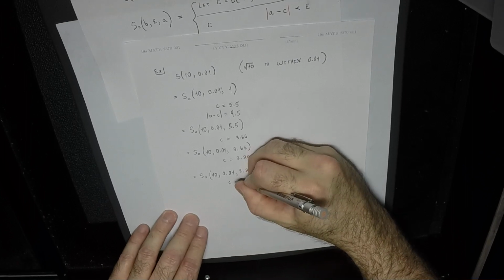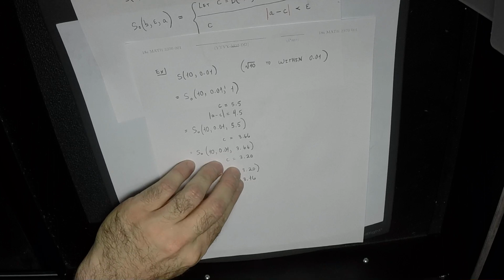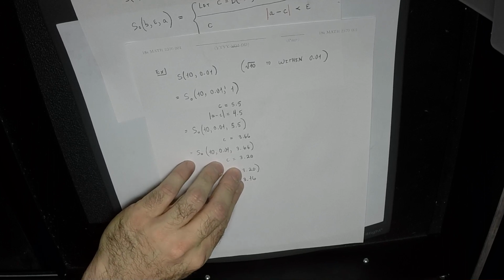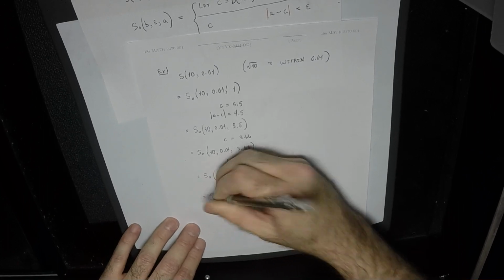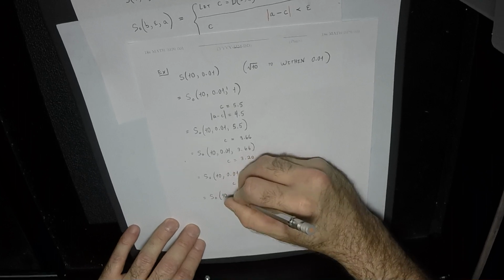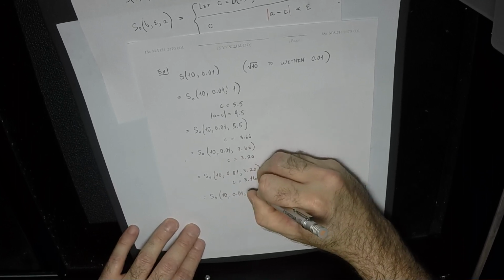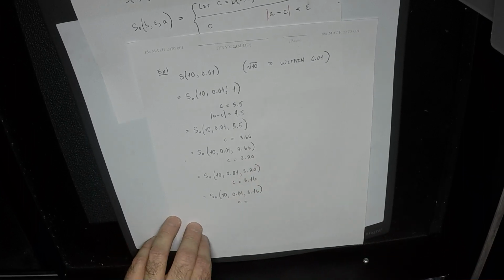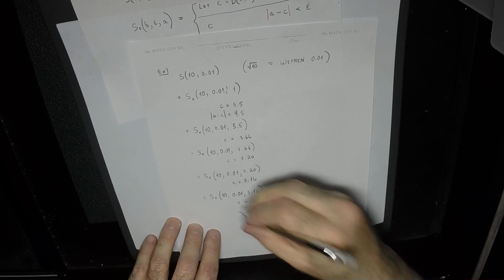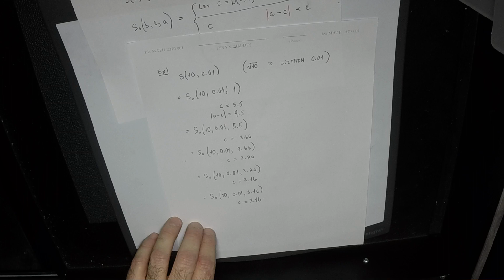So now we have 3.16. The difference between these two numbers is still more than 1/100th, so there's more work to do. .16, and again I'm just rounding to 2 places.